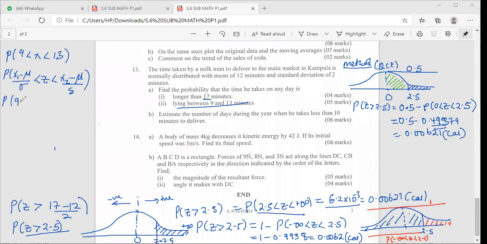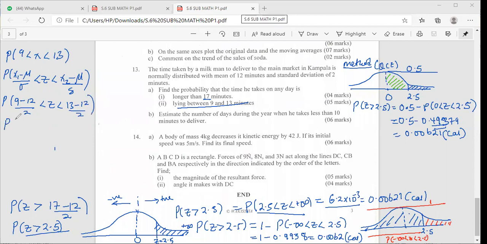This will give me probability X1 is 9 minus mu over sigma. No, let me substitute now. Nine minus, what is our mu? 12 over sigma, which is 2, is less than Z, less than 13 minus 12 over 2.